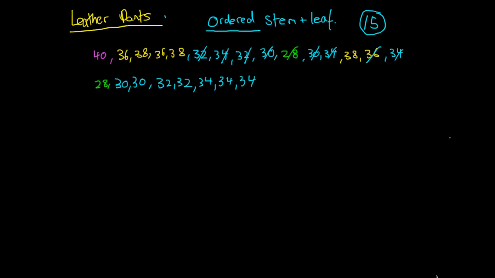I got one 36 there, two 36s, three 36s. My next size is 38, and I've got 1, 2, 3 people with size 38 waist. And then lastly, I've got this one person with a size 40 waist. Cool. So that's our data when it's ordered.